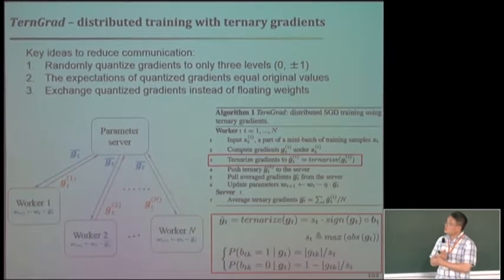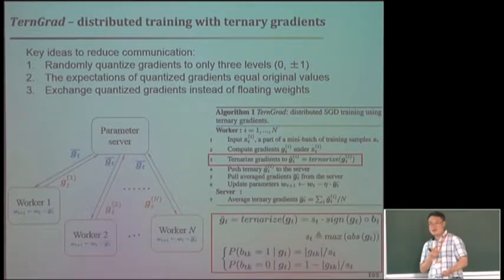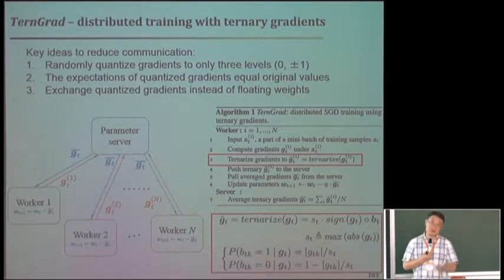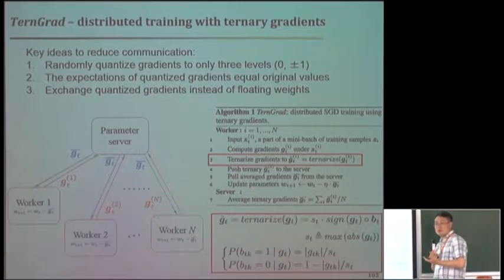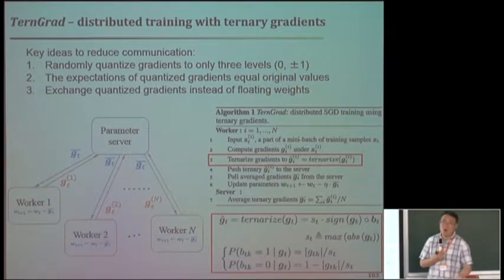But now we send 3 levels: 0, 1, and negative 1. Basically, it is saying you either increase your gradients, decrease gradients, or keep the same. And by doing so, we hope we can dramatically reduce the gradients we transfer between different workers.